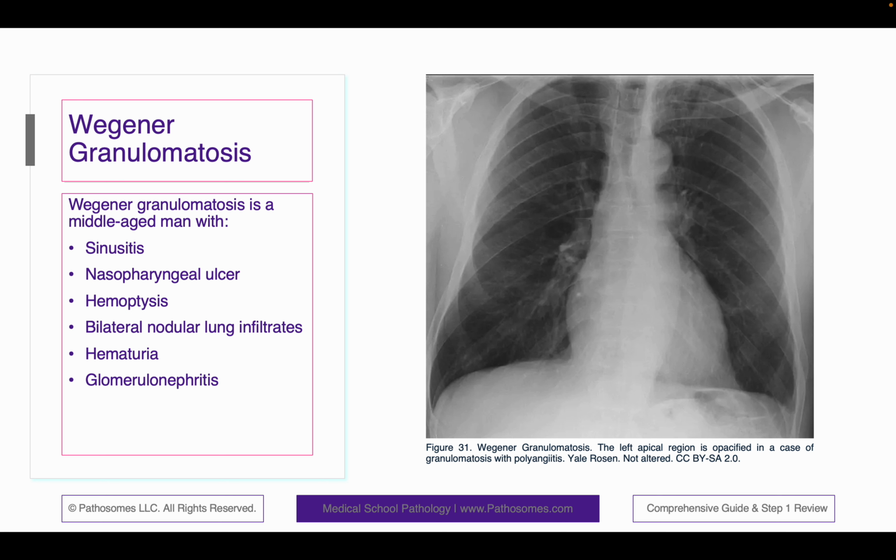Wegener granulomatosis is a middle-aged man problem that shows up with sinusitis, nasopharyngeal ulcer, hemoptysis, coughing up blood, bilateral nodular lung infiltrates, blood in the urine, and glomerulonephritis.